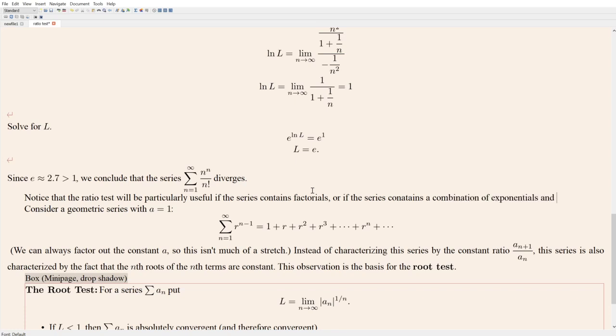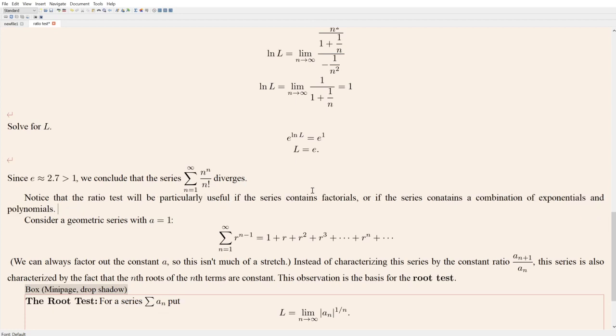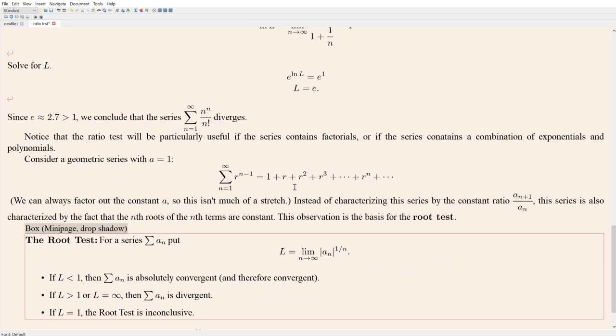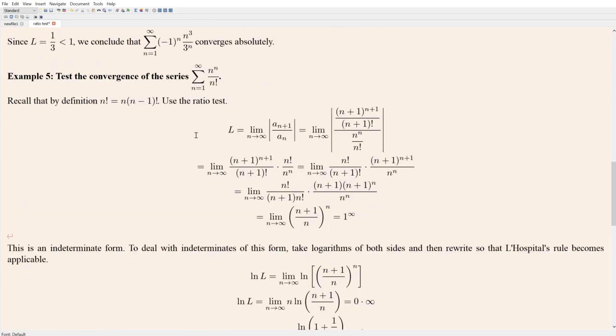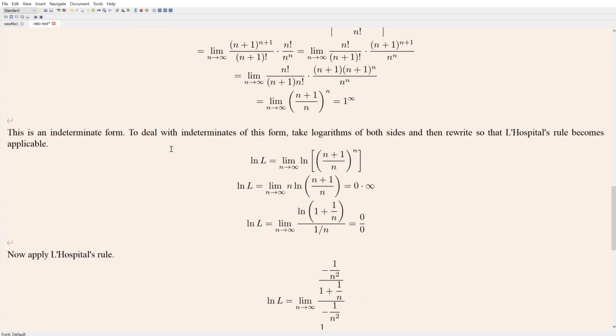Especially if you see factorials. That's the signal that you should use the ratio test, because this property pretty much guarantees that when you take the ratio, a whole bunch of stuff is going to cancel out. So it's going to be nice.